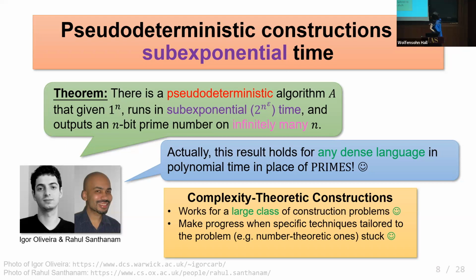Even though we know so much about number theoretic properties of primes, it still seems hard to get deterministic algorithms for constructing them, but using complexity theoretic ideas, we get pseudo-deterministic algorithms. One downside is that in many cases it doesn't give you deterministic polynomial time construction, and it has a few caveats, like pseudo-deterministic, sub-exponential time, infinitely often.